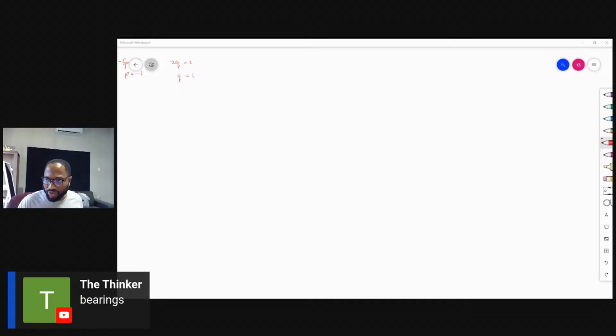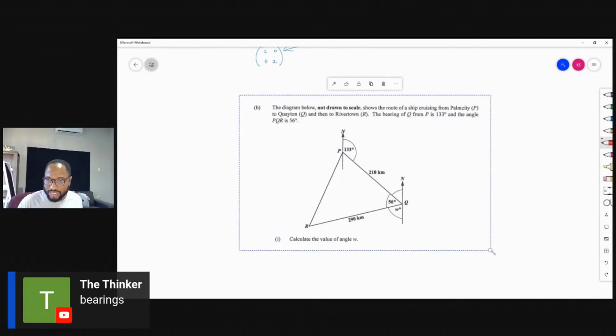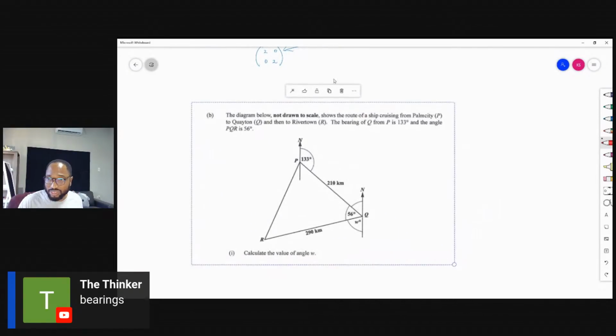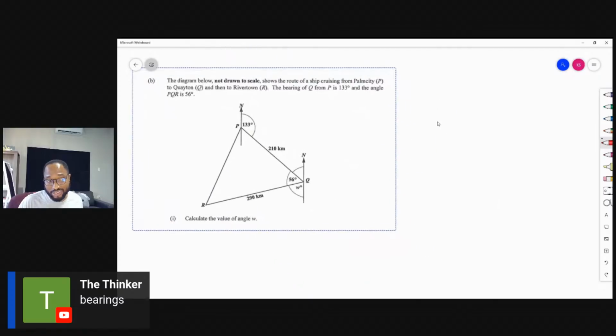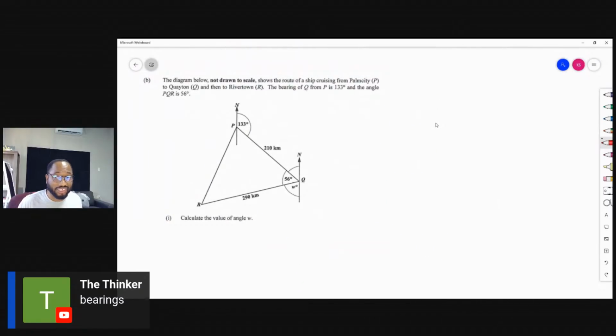But they kind of drew everything for you. Bearings could come real hard. How it used to come back in the days, you used to get choice now. You could have picked which one you wanted to do. Back in the days, that's 6 questions and you had to pick 2 in Section 2. Now, you're just getting 3 questions that you have to do.